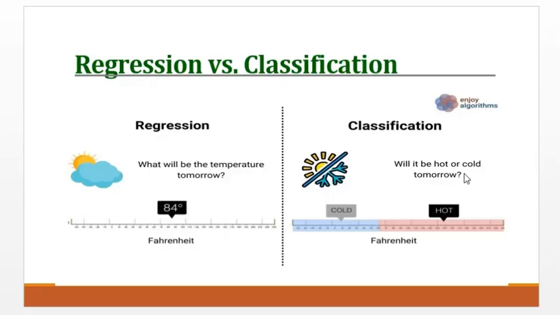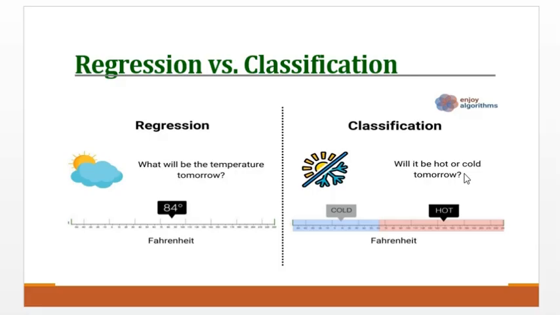Here classification is basically to assign data points to predefined categories or classes. It is used to predict a discrete value, whereas regression is used when the output variable is continuous and involves predicting a numerical value based on the input features.